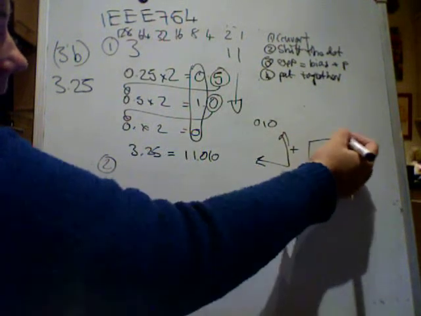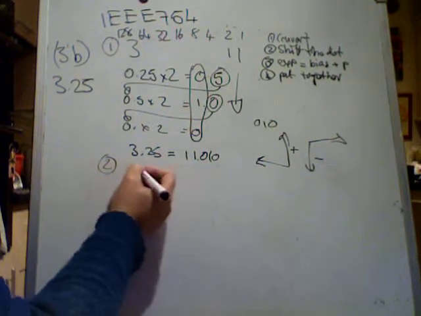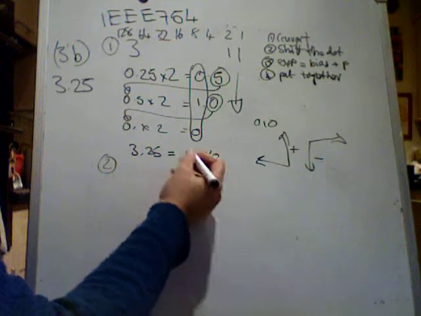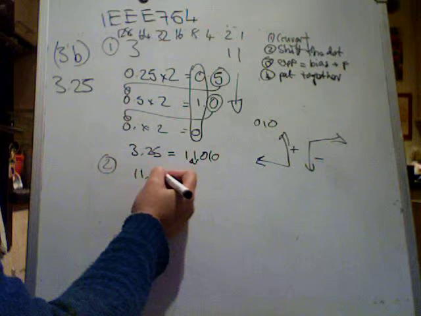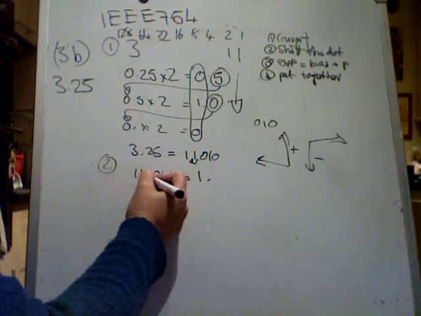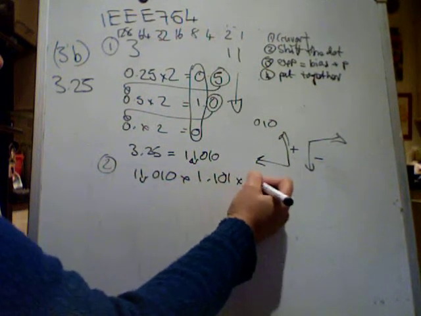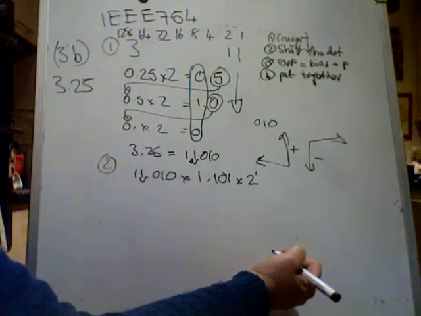Alternatively, if we move to the right hand side, the exponent goes down. In this case, we're moving the dot up, and to make it between 1 and 10, we only need to move it 1 point. So we can say that 11.01 in binary is the same as 1.101 times 2 to the 1. We've moved it 1 point.